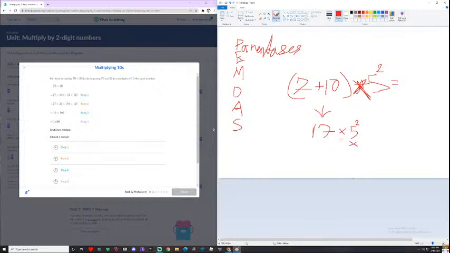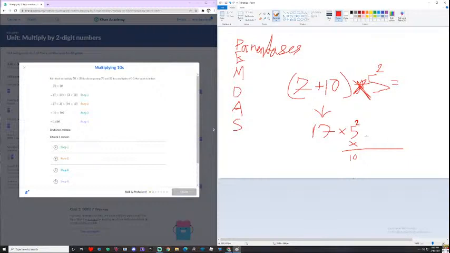Whenever you see an exponent, you want to multiply that number by the exponent above it. So 5 times 2 is 10. You see this exponent, the 2 right here.